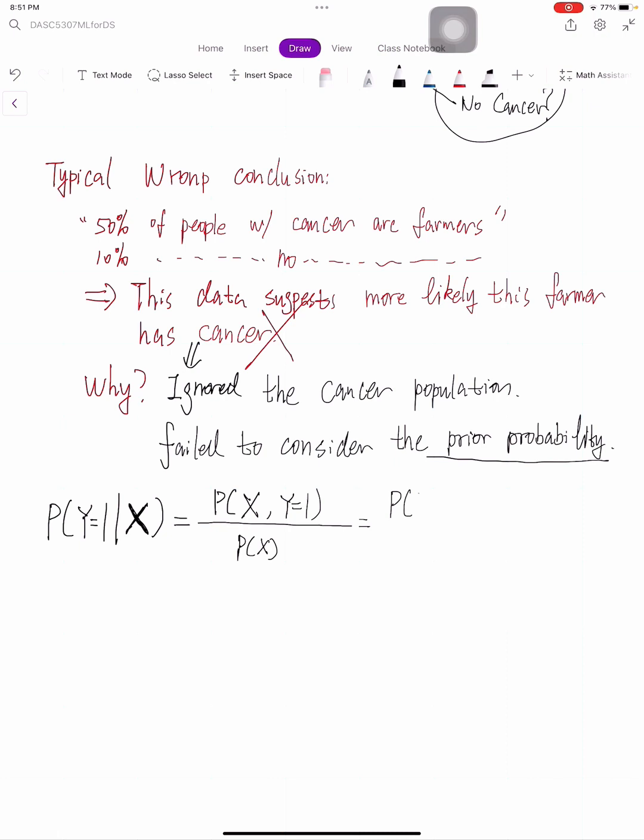Then we can rewrite the numerator as y equals cancer conditioned on x equals farmer, divided by the total probability p(x).